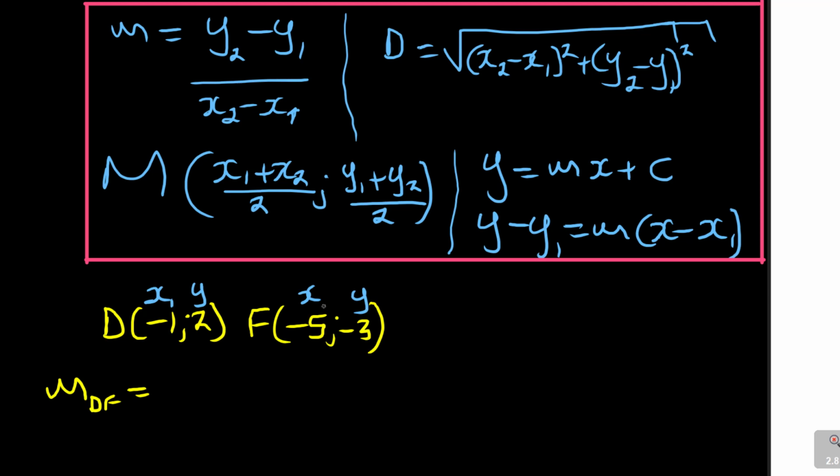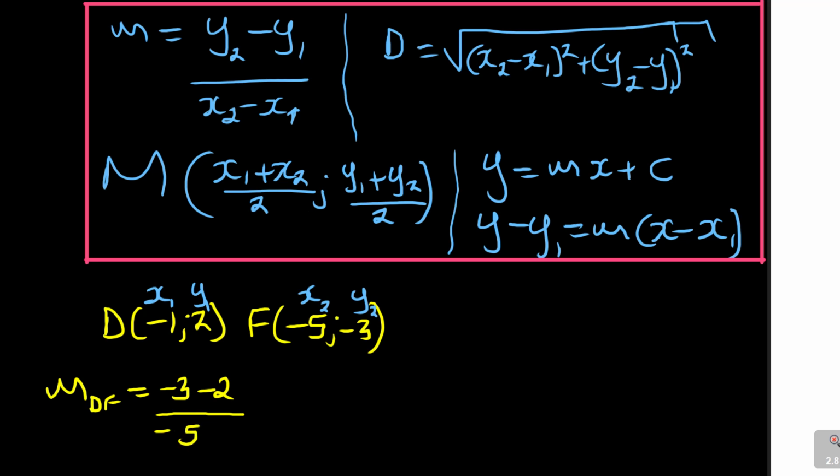Put a 1 here, this becomes a 2. Put a 1 here, this becomes a 2. So it says y2, which is minus 3. That's where my y2 is. And then minus y1, minus 2, over x2, which is minus 5.